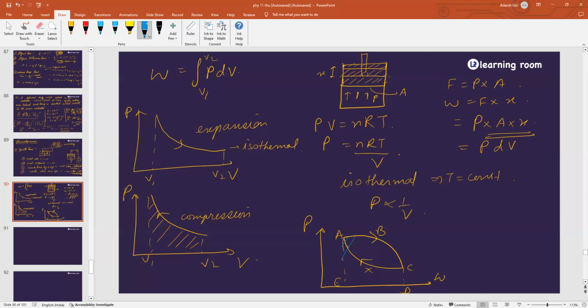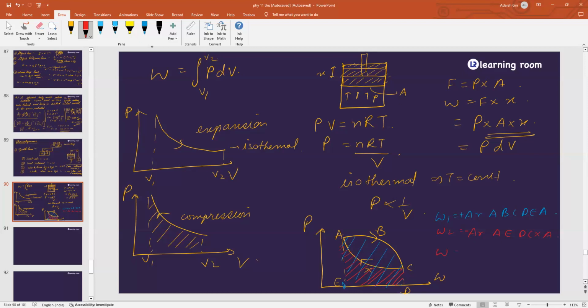The first part is positive work done: W1 is the area of A, B, C, D, E, A, because that is expansion, from initial lower volume to final bigger volume. Then you are at C and going back. This is negative work done: W2 is the negative of the area of A, E, D, C, X, A.